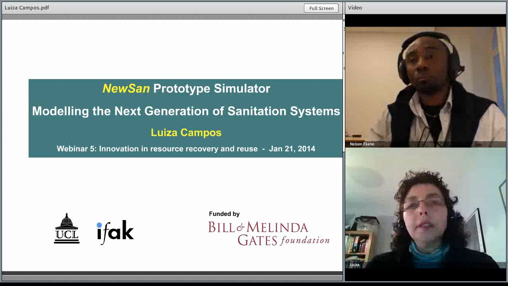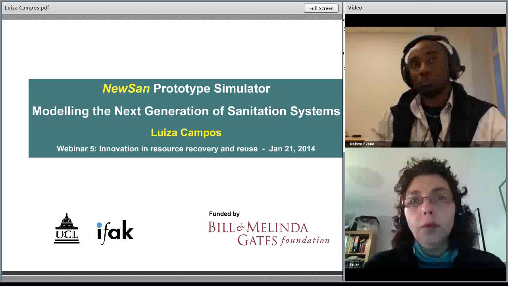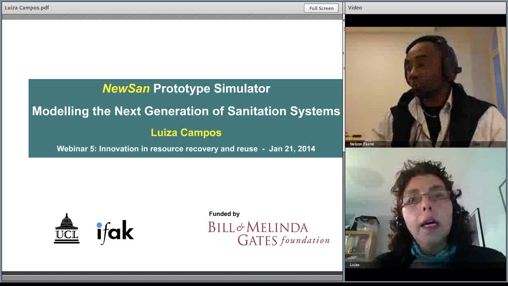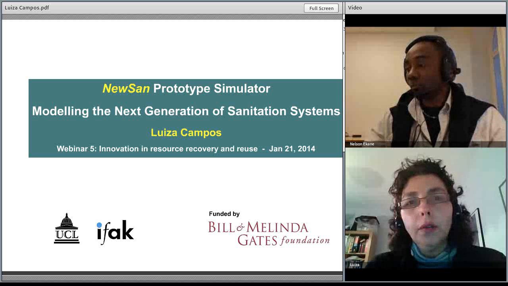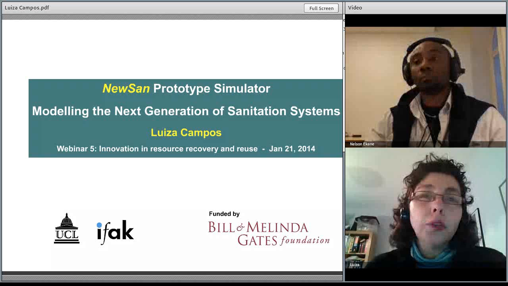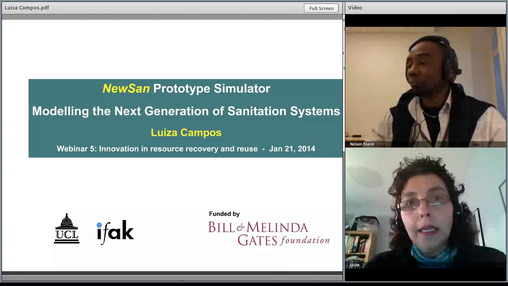The New Sun prototype can simulate from the household where the waste is produced up to the final disposal or reuse of those resources. Obviously, this tool aims to assist in decision making.